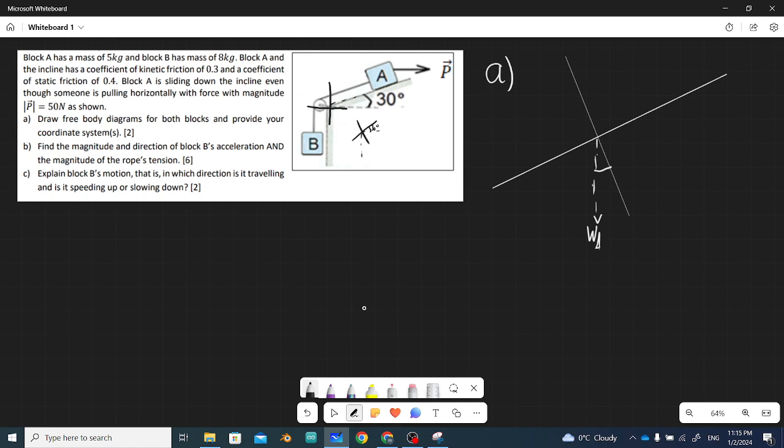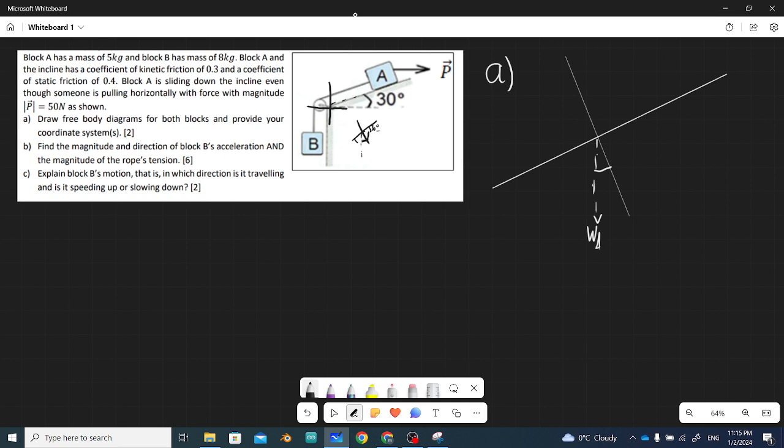But this angle over here would be 90 from here to here, which means that this small angle would be equal to 90 minus 30. Sorry, it wouldn't be from there to there. It would be from here to here. That part would be 90, and all of it will be 180.